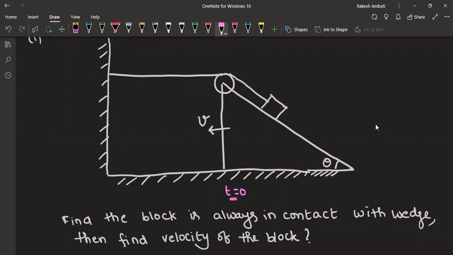After some time, the wedge traveled through distance x.